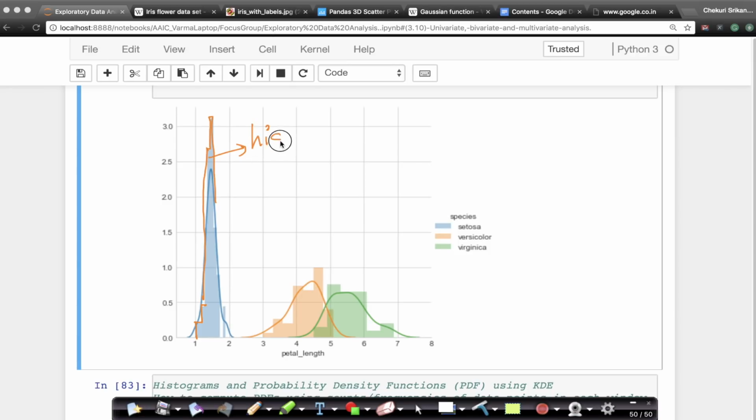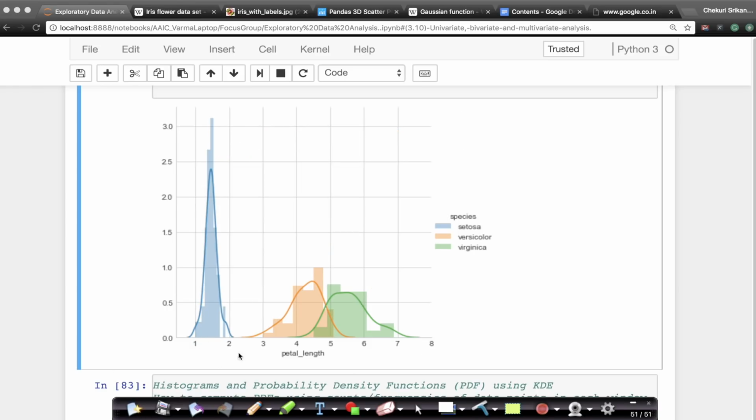To be very specific, this is the histogram of petal lengths of setosa flowers. Similarly, this light orange one is a histogram of petal lengths of versicolor flowers. Similarly, this is the histogram of petal lengths of virginica.